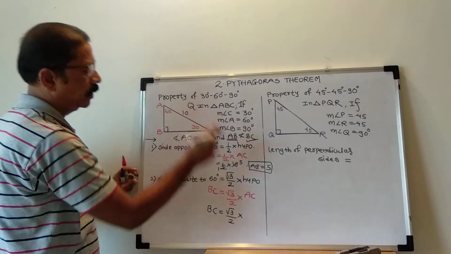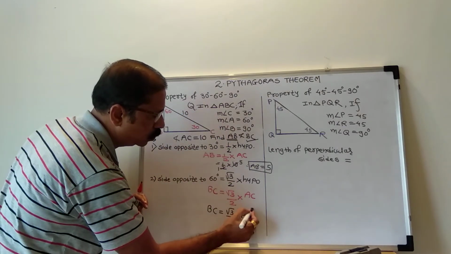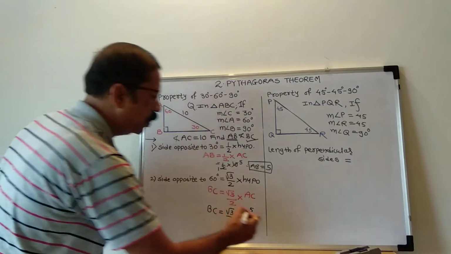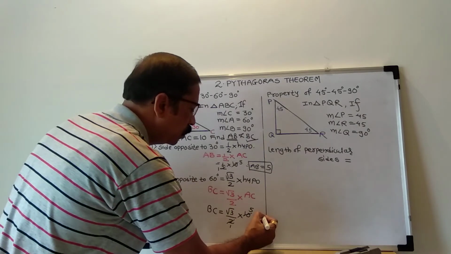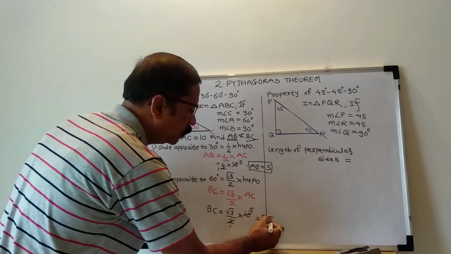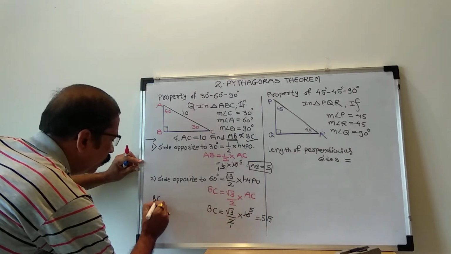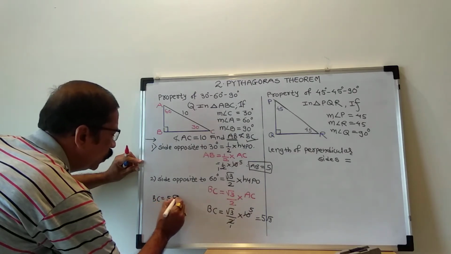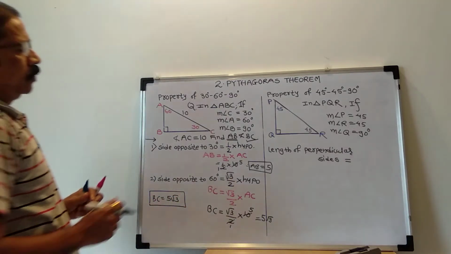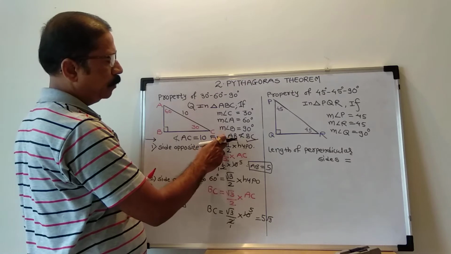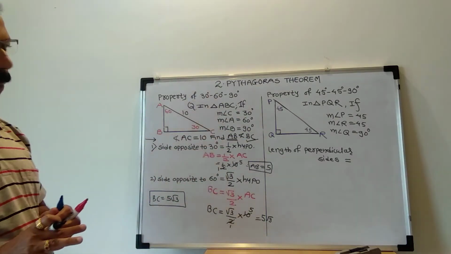AC is already given, the hypotenuse, that is 10. 2 ones are 2, 2 fives are 10. Therefore here you will get root 3 into 5, that is 5 root 3. Therefore we will write the answer: BC is equal to 5 root 3. Like this, you calculated AB and BC with the help of this formula.